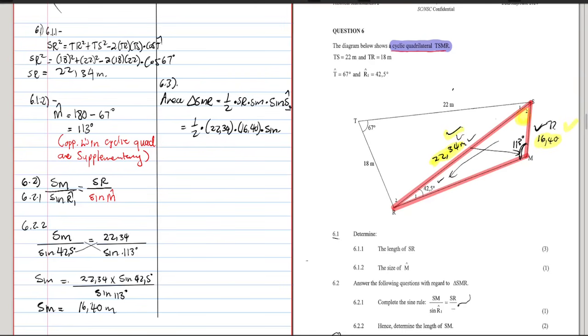So that's going to be 180. Let me calculate that here. S2 is 180 minus 22.34 minus 16.40, equals... Whoa, okay.